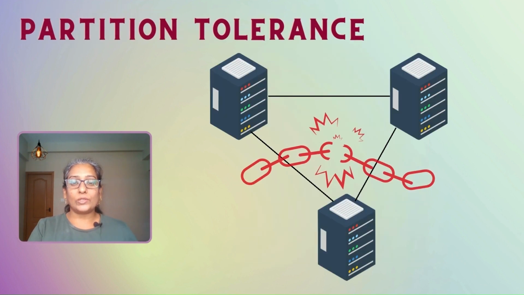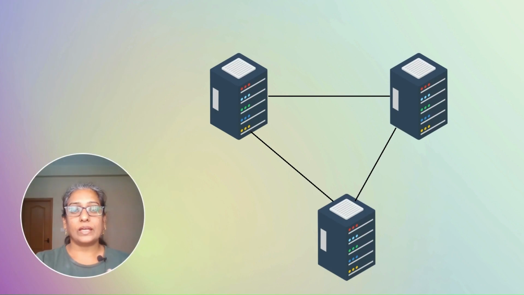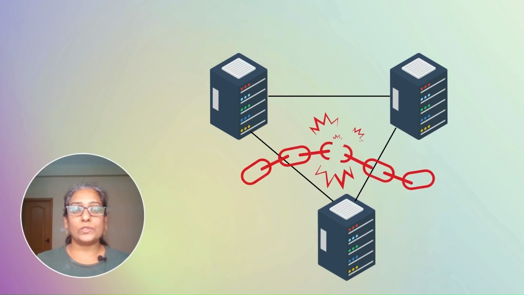And partition tolerance allows the system to function despite network issues. Network partition happens when the nodes lose connection, causing them to split into separate groups that can't share any data. In any distributed system, network partitions are inevitable. Whether we like it or not, they will happen.